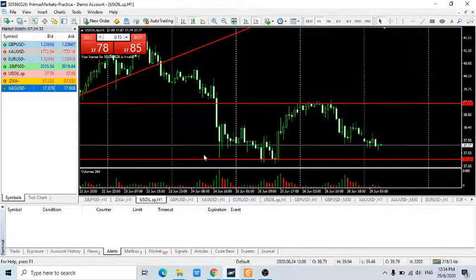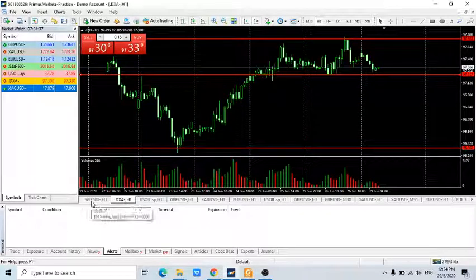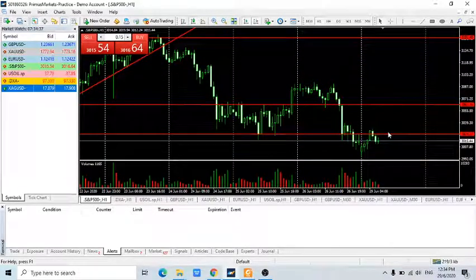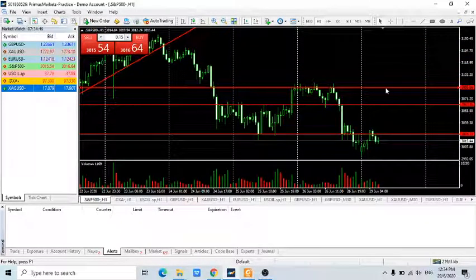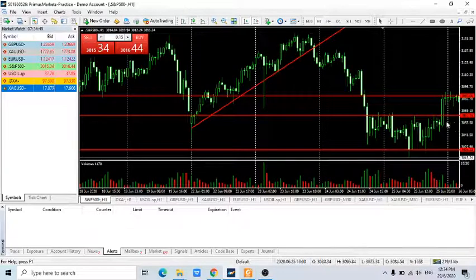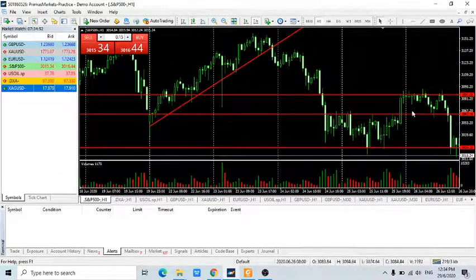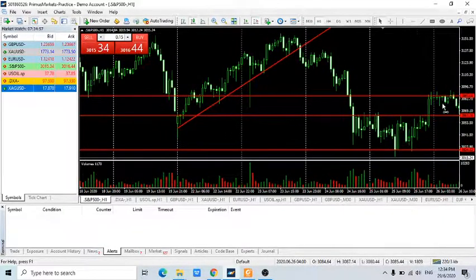So that is the latest market update in terms of the news, and also in terms of the price action for the respective instruments. This is the S&P 500. We see that the S&P 500 had difficulty getting past the 3085 levels last Friday.